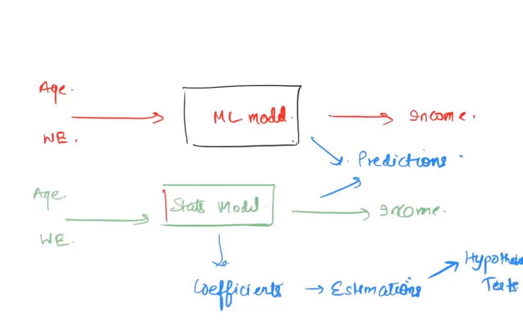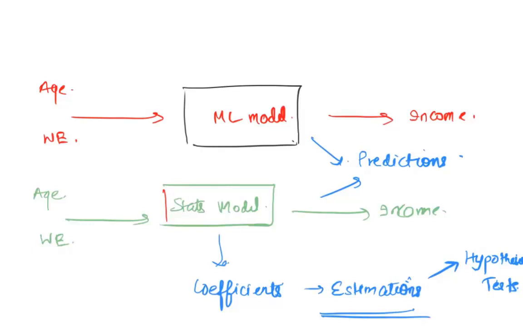Because you're doing estimations, when we studied inferential statistics, we said that whenever you're doing any kind of estimation, you've got to couple that with hypothesis tests to ensure that your estimates are not random flukes. So basically both models are best attempts at trying to identify the truth or fact on the ground. Both of the models will allow you to use the independent variables to predict a value for the dependent variable.